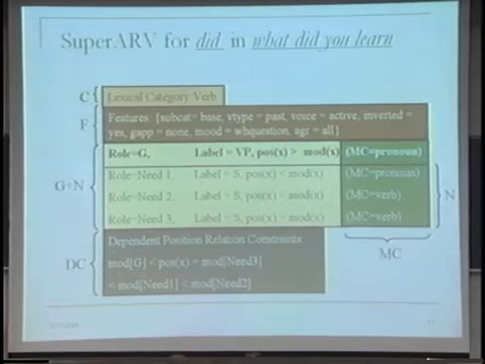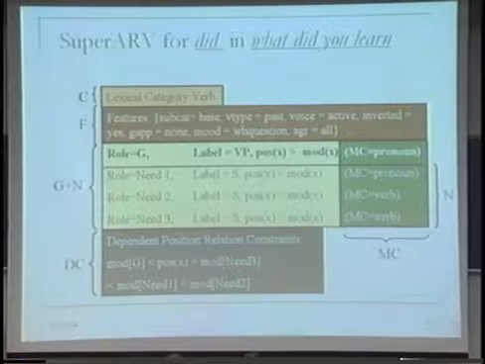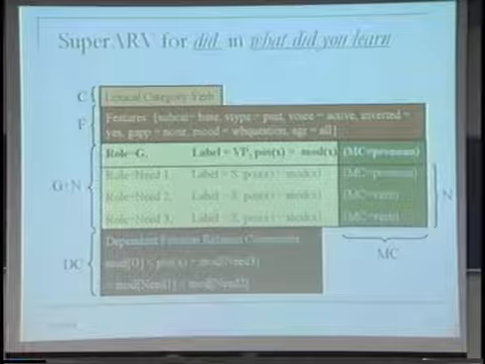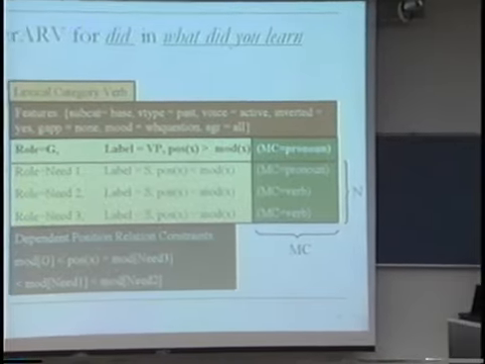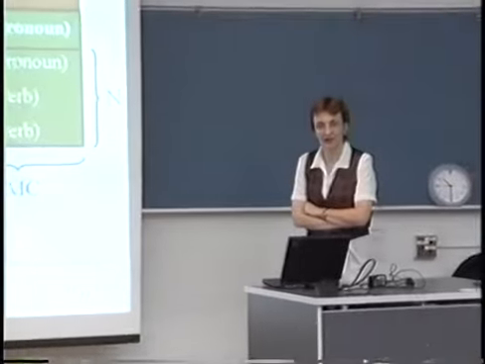So did can keep track of a set of super ARVs that have been learned essentially from a marked up tree bank, right? And you can actually calculate the probability of having this super ARV be assigned to did very easily by virtue of counting.